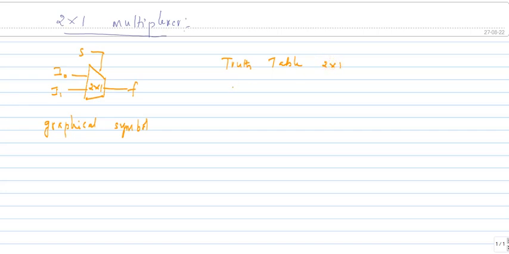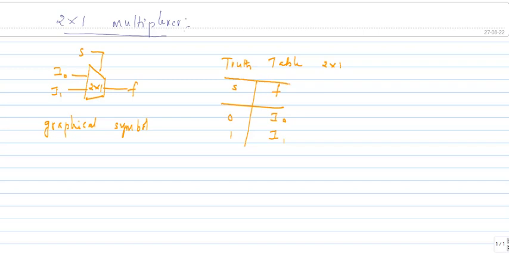So here the selection line S and F. Okay, this is the truth table for this one. When S is equal to 0, it selects the I0 value, and when S is equal to 1, it selects the I1 value.